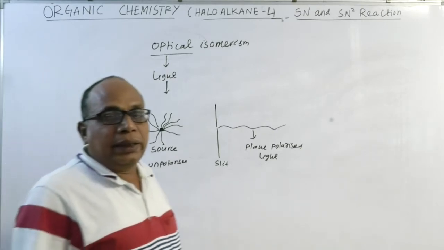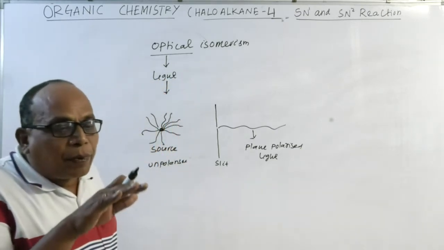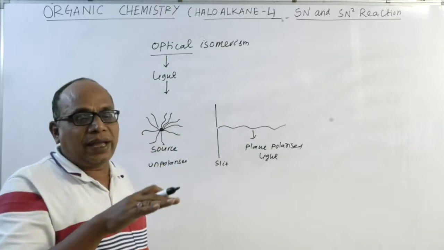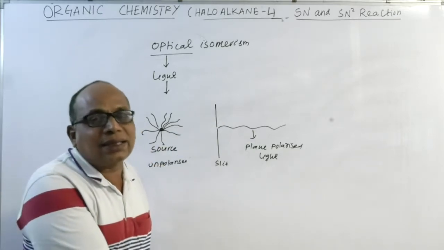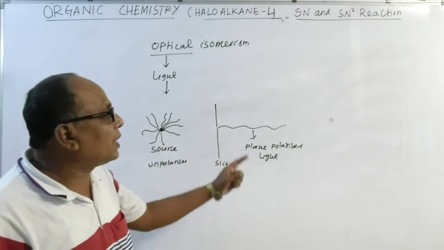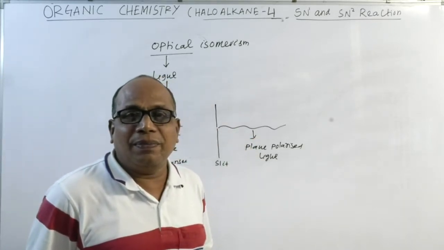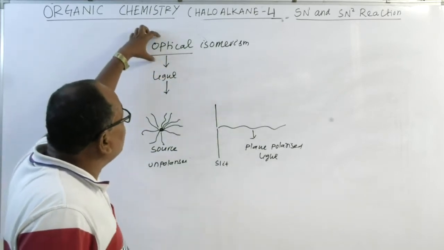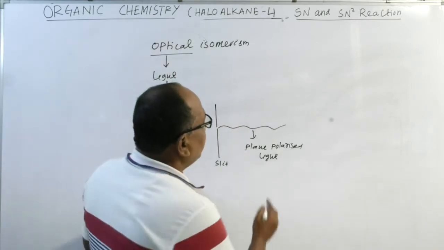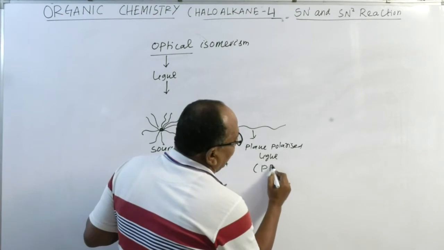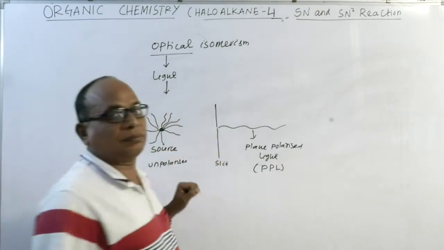Okay? That is light which propagates in only one direction, along the x-axis, or the y-axis or the z-axis. Then you can say plane polarized light. That means for optical isomerism, we must require plane polarized light.